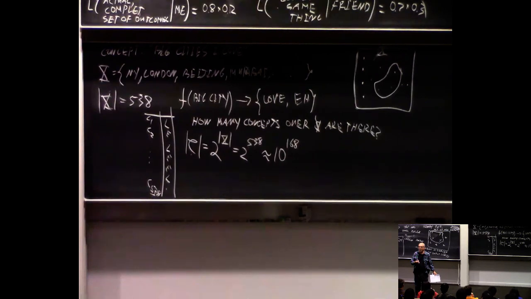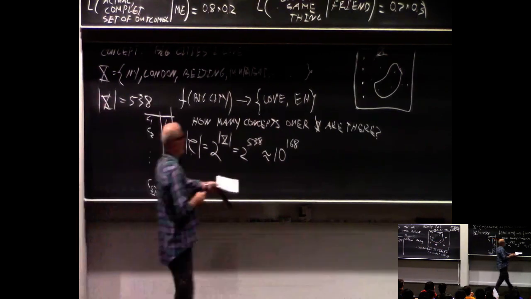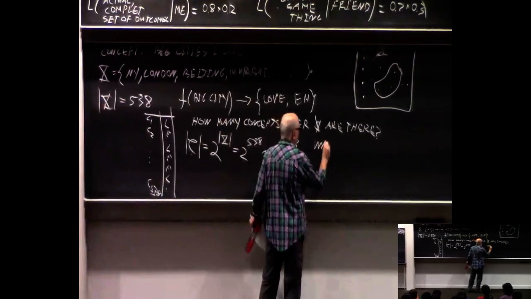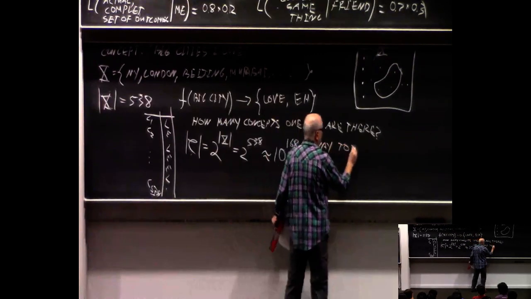How are we going to find the one function we're after if the space is so large? We're certainly not going to find it by considering explicitly each member of that space. There are way too many of them.